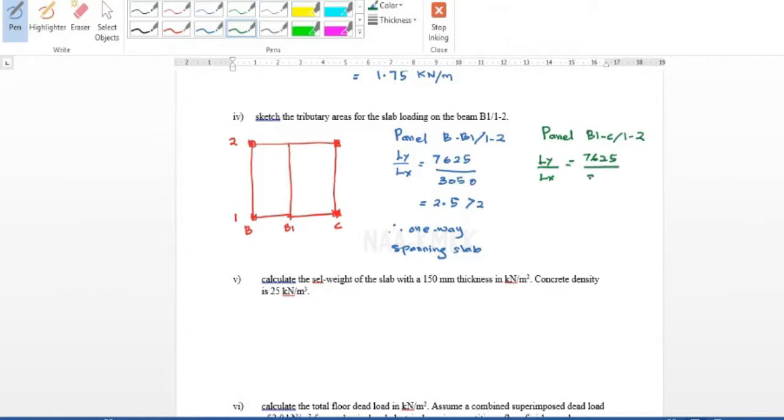Lx is 3660. Once you divide these two numbers, you will get 2.08. 2.08 is more than 2. So panel B1C12 is also a one-way spanning slab.